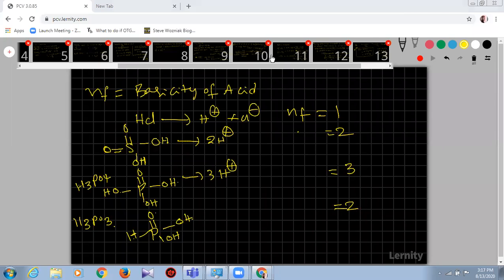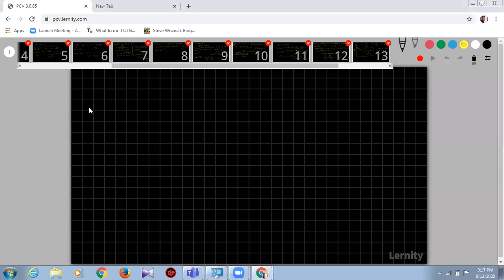So now this is the basicity of acid. For bases, whatever OH is there, you take the acidity of base.